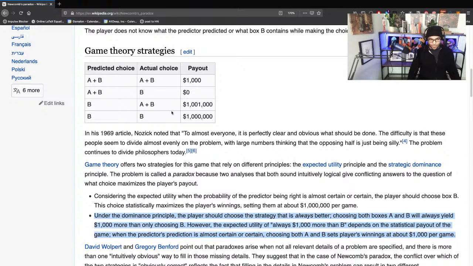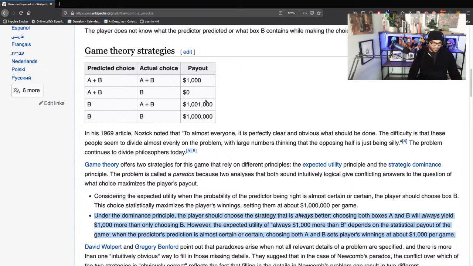Right, so let's see. If I choose A and B, forgetting about the predictor's choice, and I say all of these outcomes are equally probable, then I have maybe 0.25 times this plus 0.25 times this for A and B. So that's $250 plus $2,500 and $250.